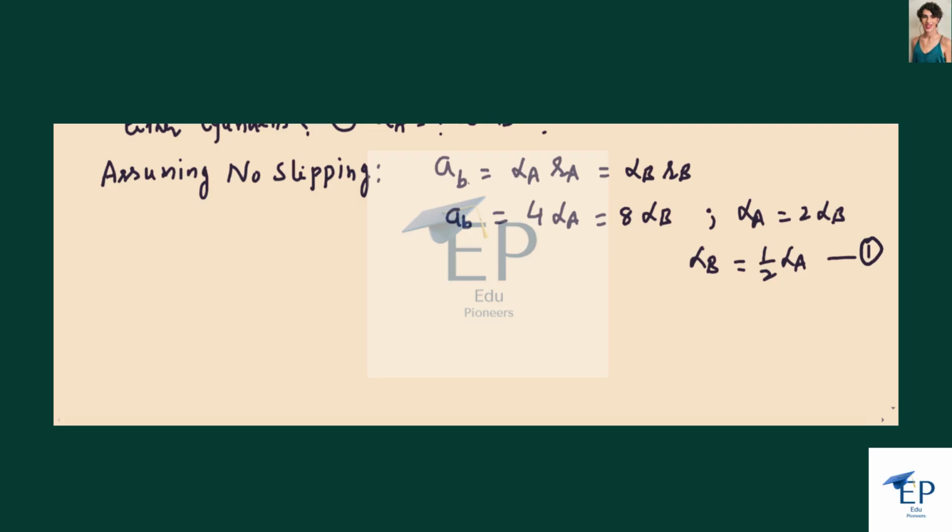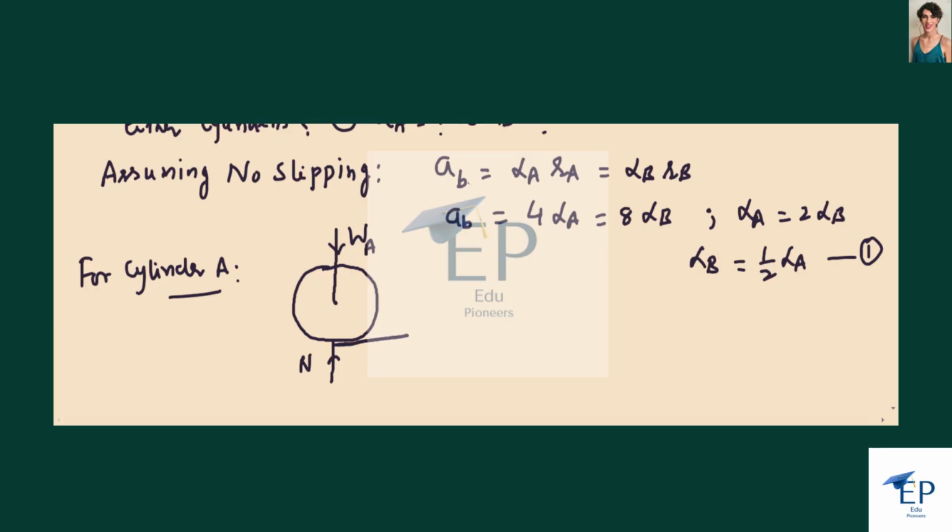Now for cylinder A. See here, this is the cylinder A. Its weight will act here. Normal reaction. Fa.